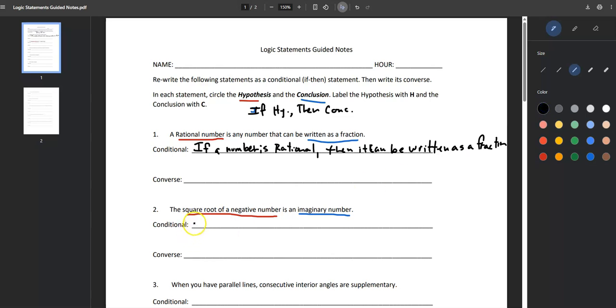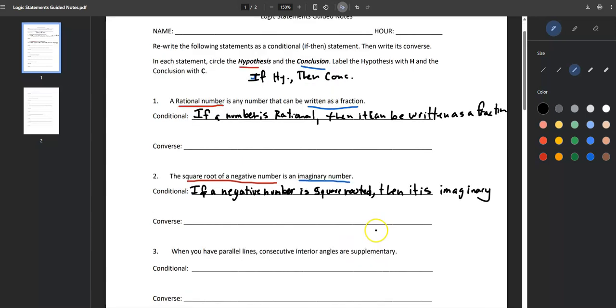So again, if I write my conditional, it would be: if a negative number is square rooted, then it is imaginary. Okay? So that's what we're doing with each of those. Okay, so those are your conditional statements.